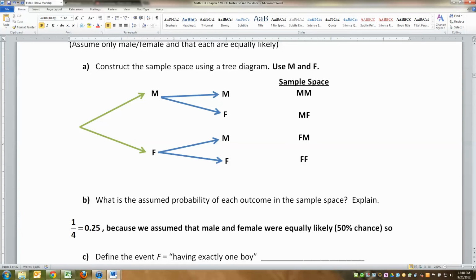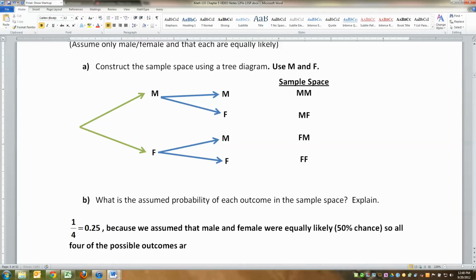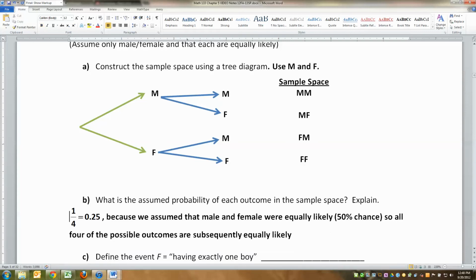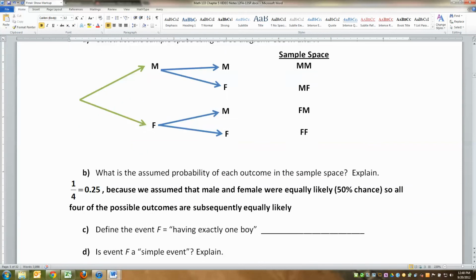So all 4 of the possible outcomes are subsequently equally likely. In other words, you assume male and female was equally likely, therefore all 4 of these outcomes, there's 4 of them, so every one of them's got a 1 in 4 shot.